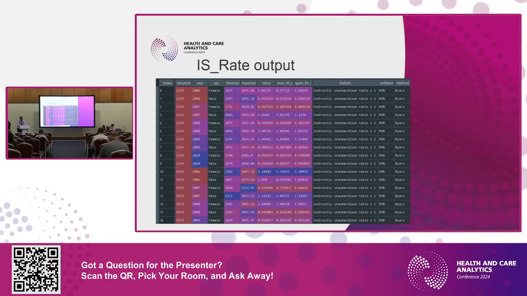Having it all in a one-stop shop to be able to produce these statistics is, I think, fantastically convenient across the board. And it does have these commonly used confidence intervals and functions within it.